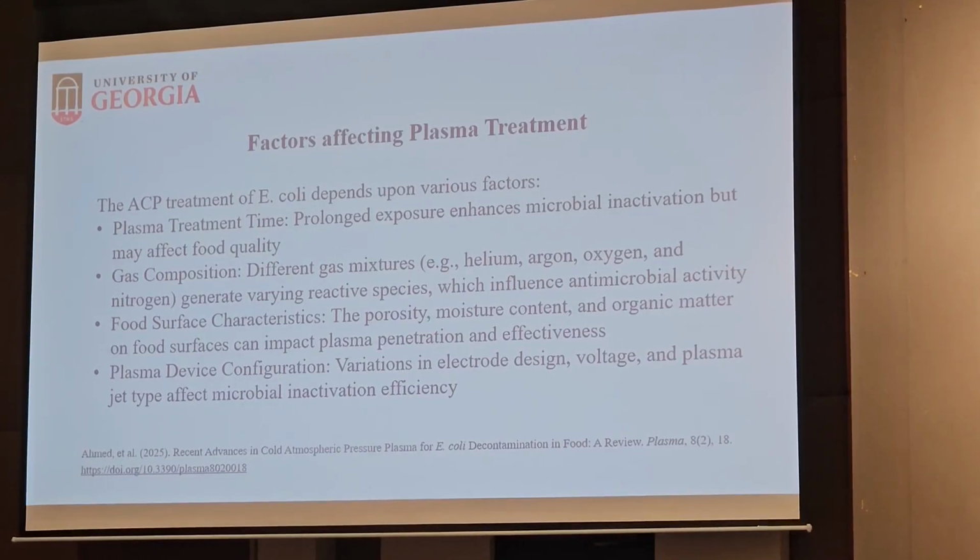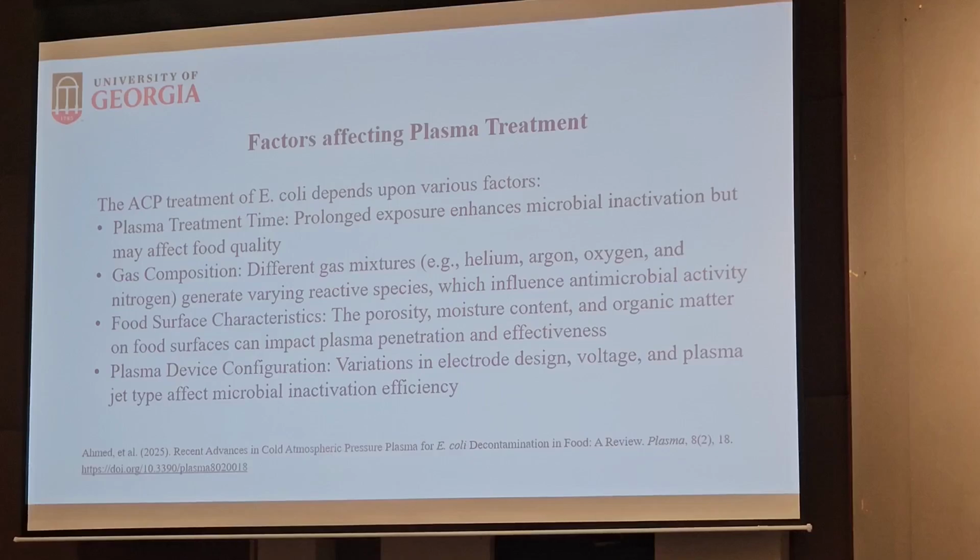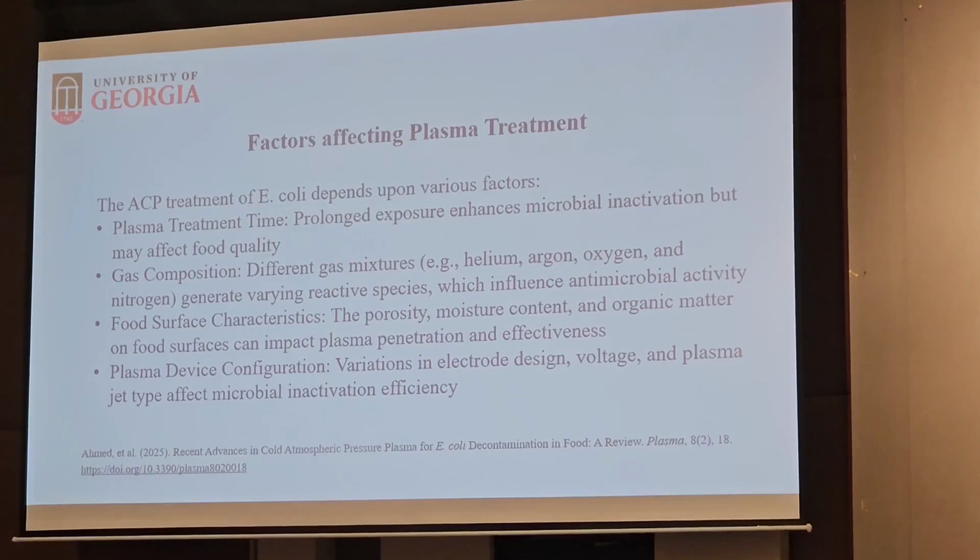And then device configuration, because depending on the electrode designs, many electrodes, I showed you, they are flat electrodes, they are needle type electrodes. Now people are making curved electrodes. So there are different kinds of electrode designs also.